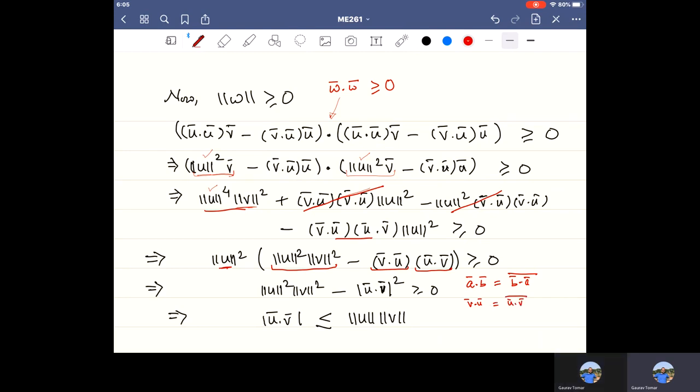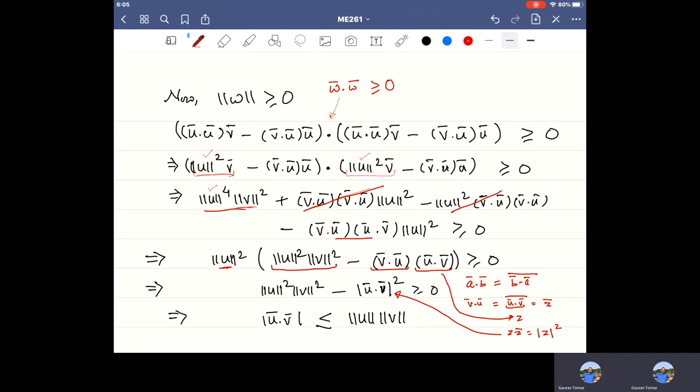correct? Now, if you take a complex number, let's say this is z bar, and this is then z. When you multiply z with z bar, you get the absolute value of z square, correct? So this brings us here.